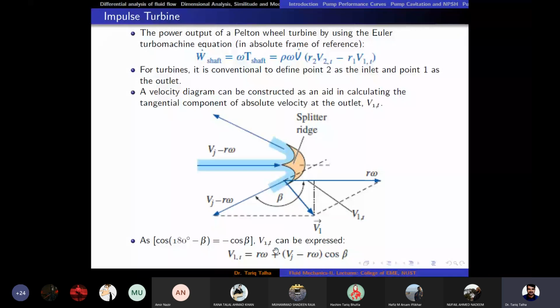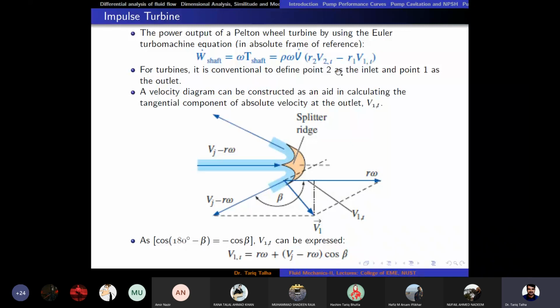It should have been cos of 180 minus beta, that is minus cos of beta. So here it should have been minus because of the change in direction, but because we're using this identity, we can write V1T is equal to R omega plus Vj minus R omega into cos of beta, actually 180 minus beta, right?